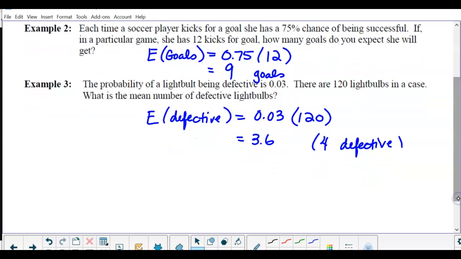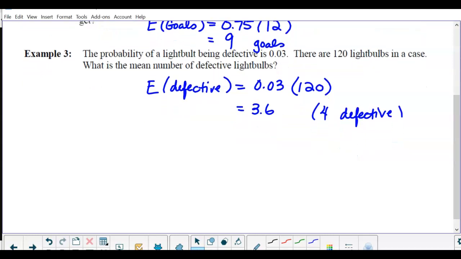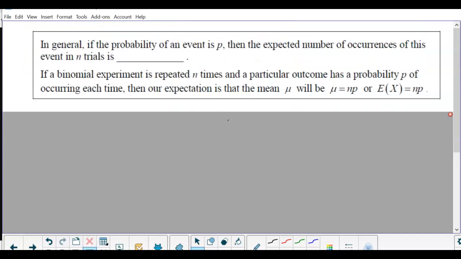So you're always, to get expected value, multiplying the probability by the number of trials that you're taking. Okay. So in general, if the probability of an event is t, then the expected number of occurrences of this event in n trials is nt, or tn.